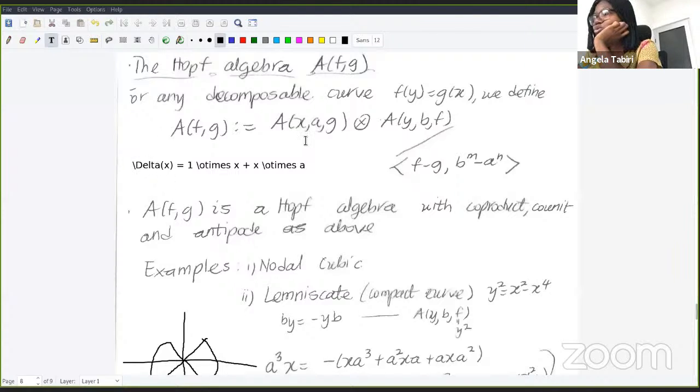So if you compute your co-product on these, it forces this other relation because your G has degree n.